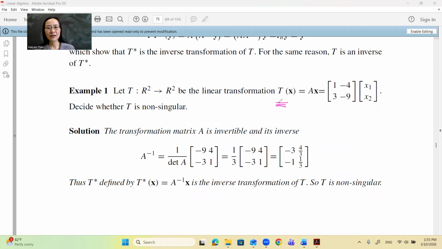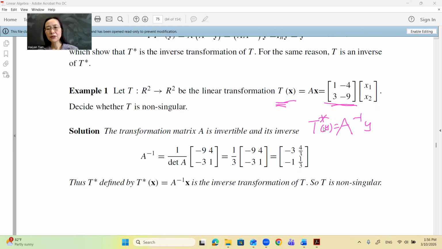To decide whether this linear transformation is singular or non-singular, all we need is to know whether the inverse exists, right? If the inverse exists, then we can use the inverse to define a mapping. And then that mapping will be defined by this inverse matrix.